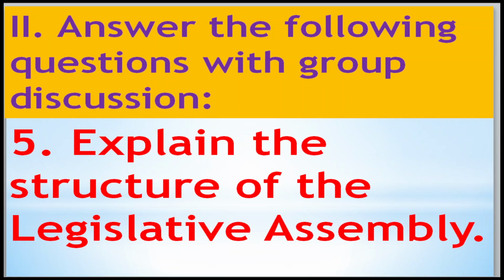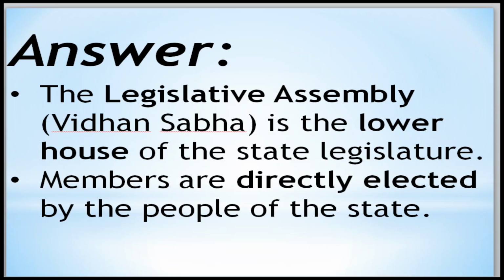In that first one, explain the structure of the legislative assembly, the lower house of the state, Vidhana Sabha. The Legislative Assembly, Vidhana Sabha, is the lower house of the state legislature. First point: members are directly elected by the people of the state, those above 18 years.